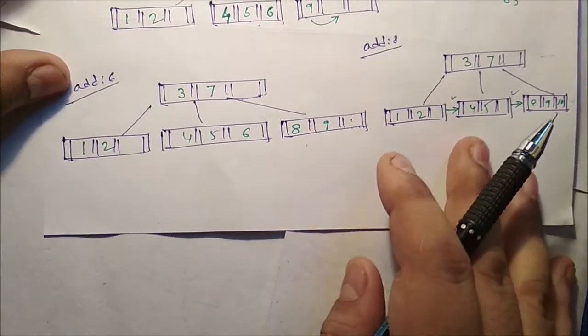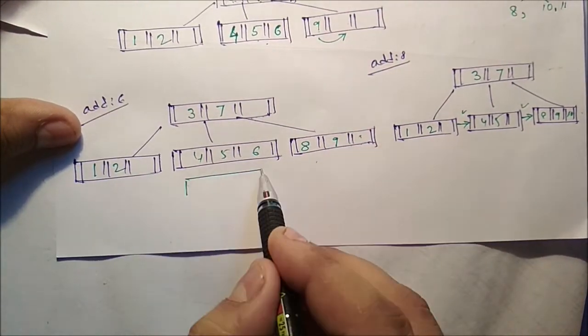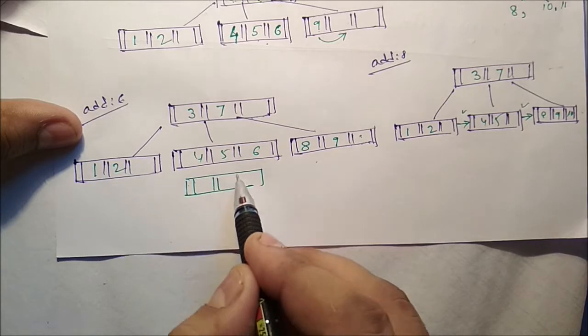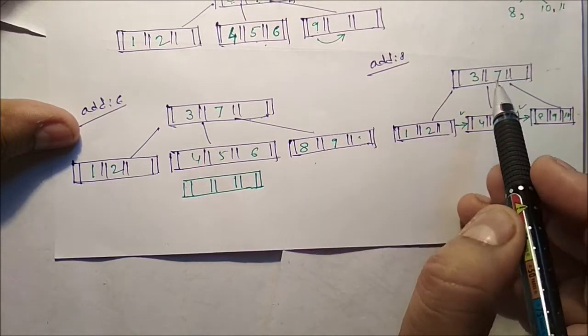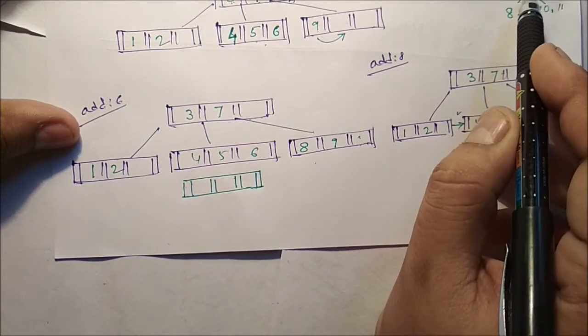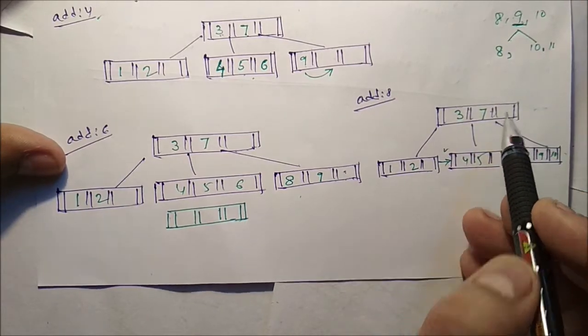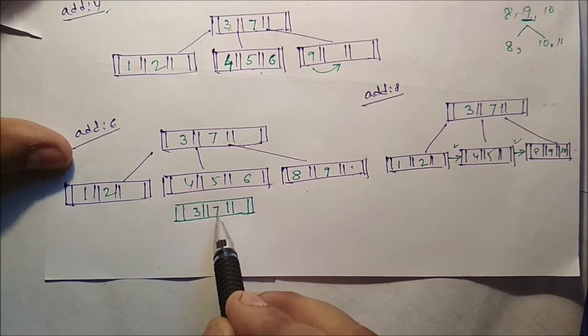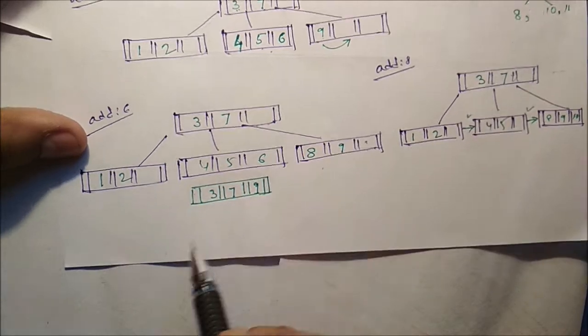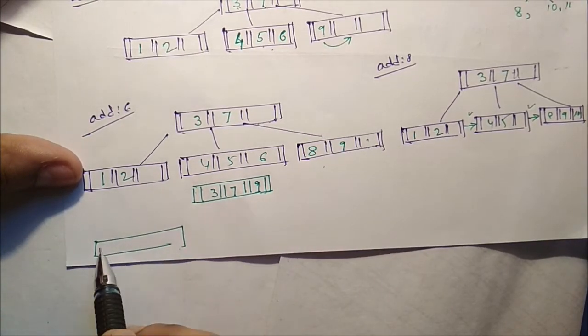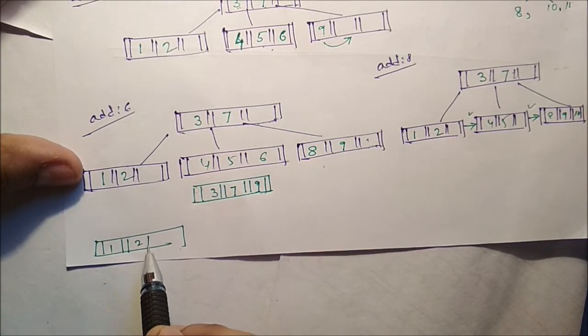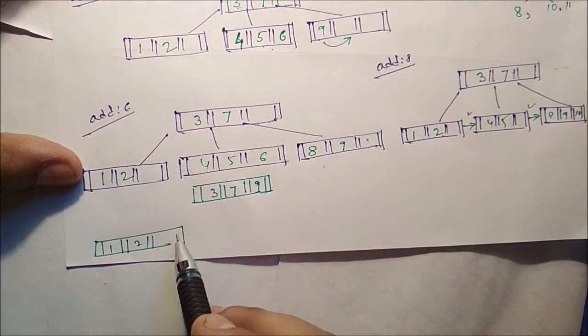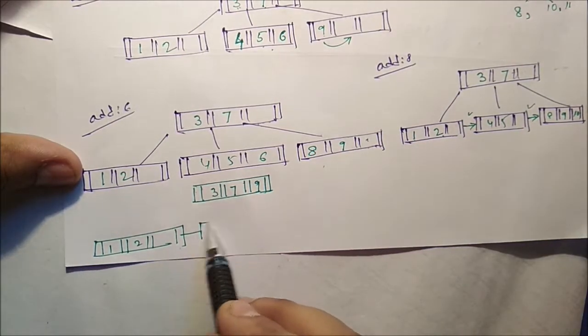So we can see here it is a root node. Okay, 3, 7, the root should be 9, so you have to put 9 here. So 3, 7 and 9, and the left part is kept as it is: 1, 2, then 4 and 5.